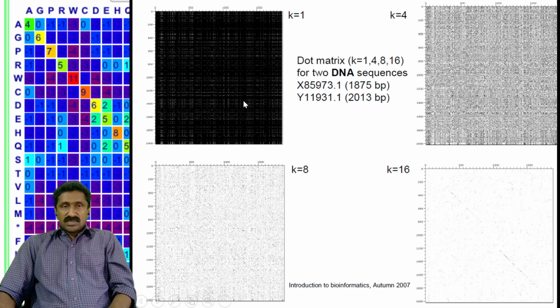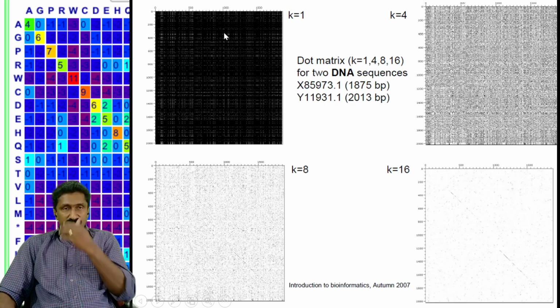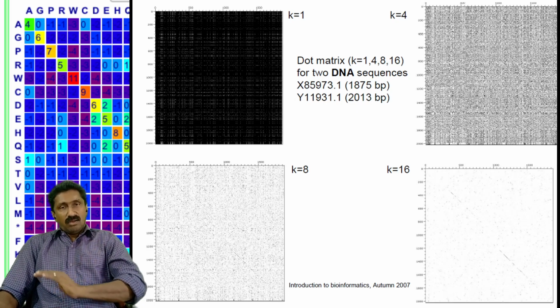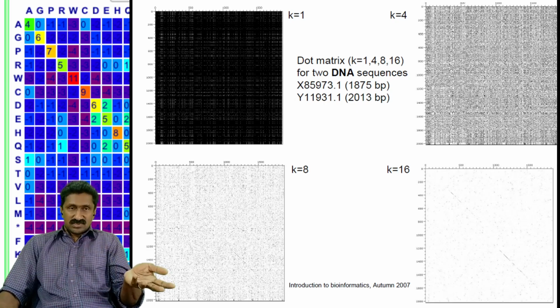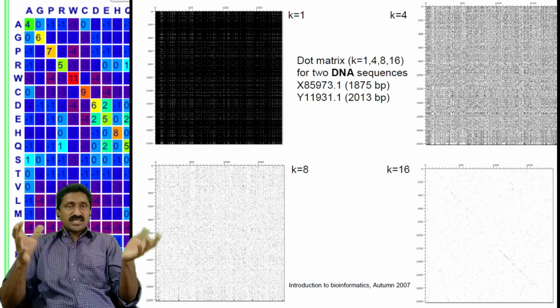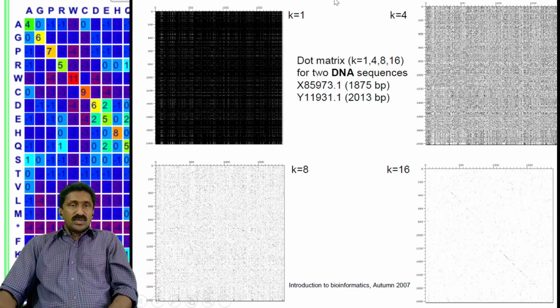This matrix represents a normal matrix where words were not used, which means all the bases were compared against all the bases. There is no word, since a word length of 1 means the entire string is compared with everything. So you will have dots on every point because it's a very long sequence and nothing can be abstracted from this.